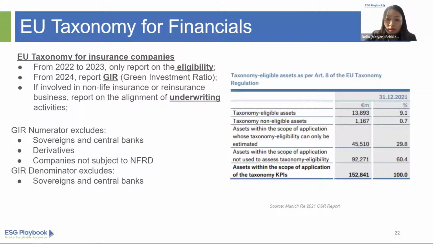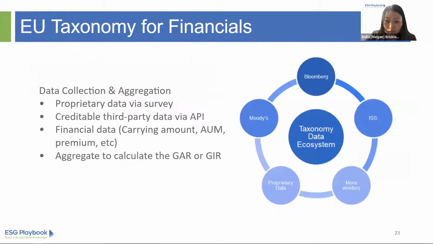So lastly, I want to touch on the reporting for financials, since the financial companies largely depend on the disclosure of non-financials. So the data is the key to fulfill EU taxonomy reporting. Financial companies can source the data either from a third party and integrate the data via API.